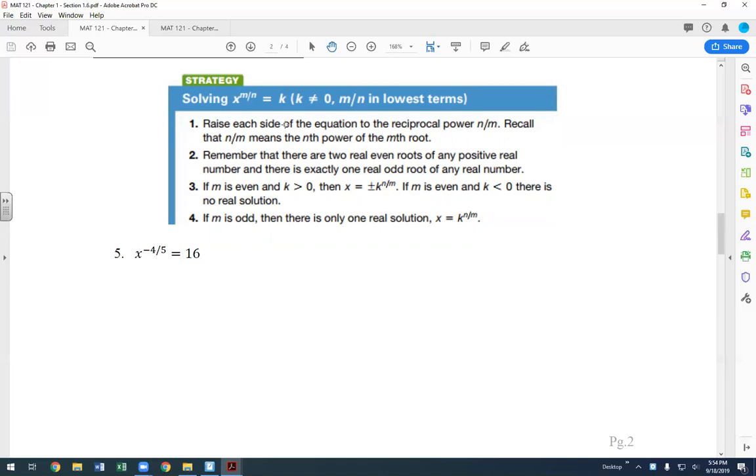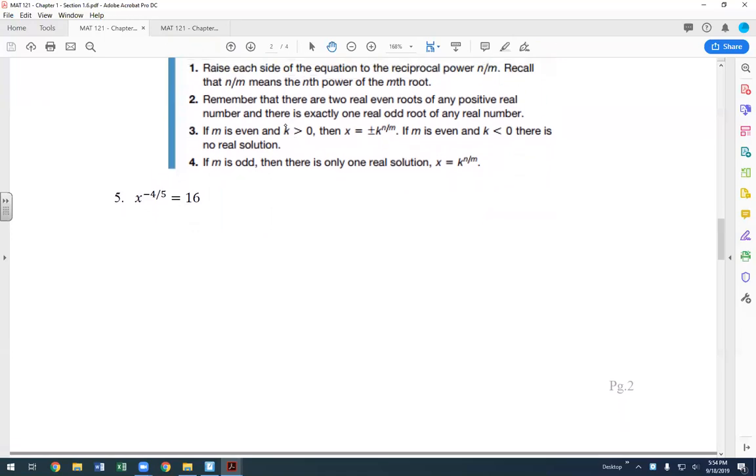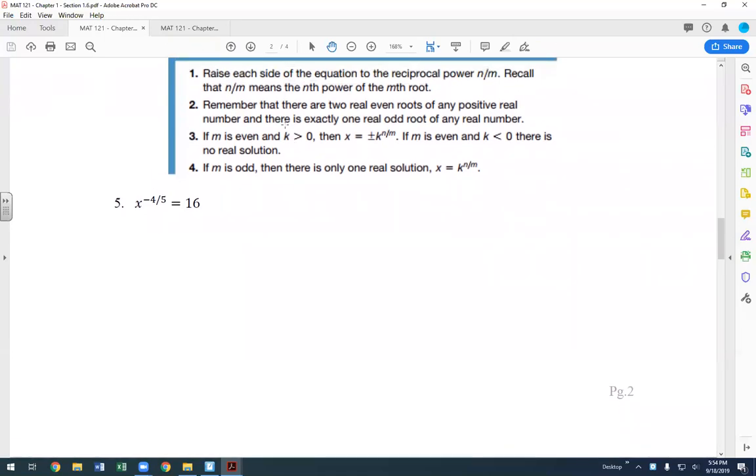So let's see how we can go ahead and simplify a problem like this. The first step we're going to start out with is taking our equation and raising it to the reciprocal, right? So 4/5 will become 5/4. Now what should I do with that negative sign?